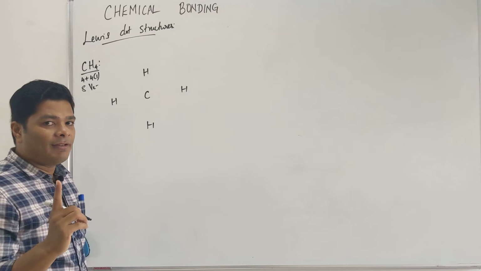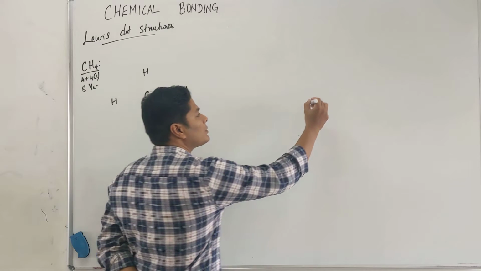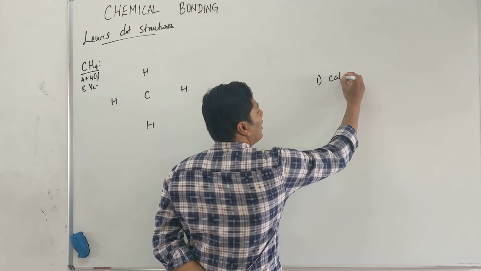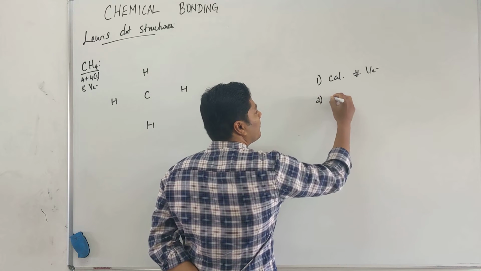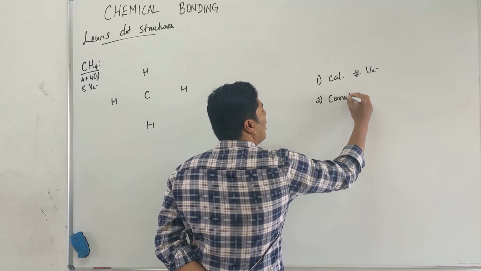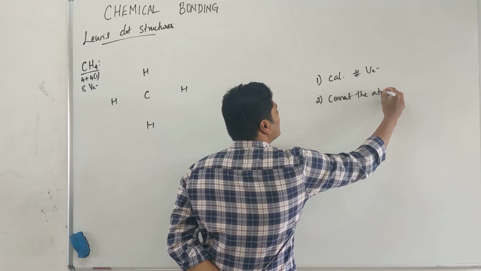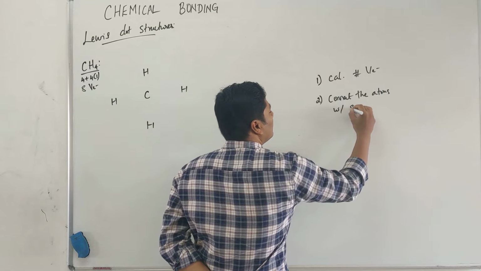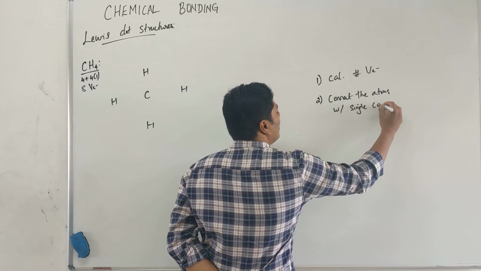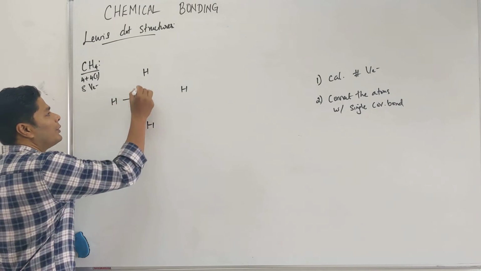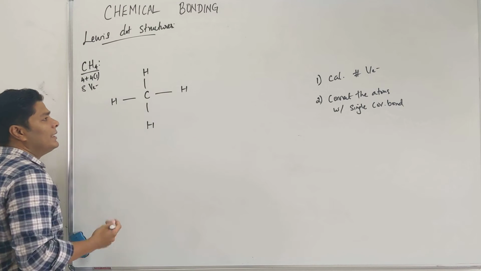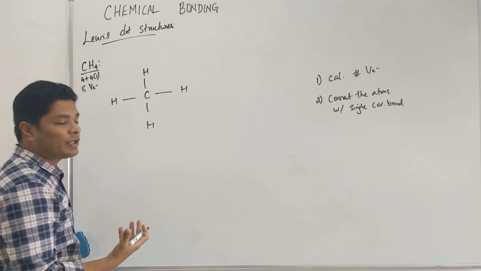Alright, now we have calculated the valence electrons. Step 1, calculate number of valence electrons. Step 2, connect the atoms with single covalent bonds. So I am just going to do this. Okay, they have to be held together, otherwise they won't stick together.